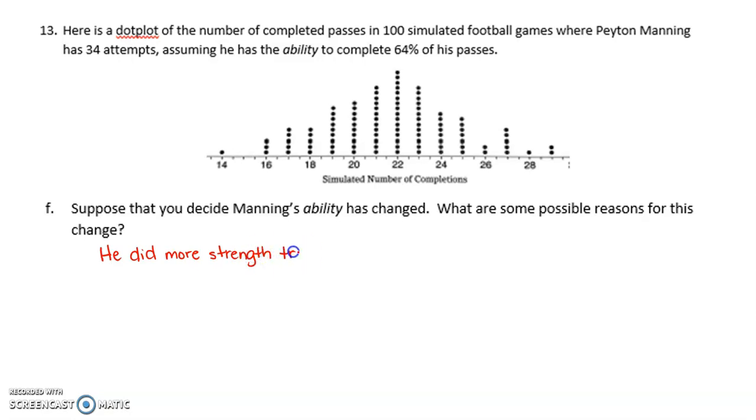You could say he got a new coach. You could say he went on a better diet. There are all kinds of things. As long as it makes some sense, it's all good. Just make sure on a question like this where it gives you an open-ended number of answers, look at the number of points. If there are 3 points, give me 3 answers.